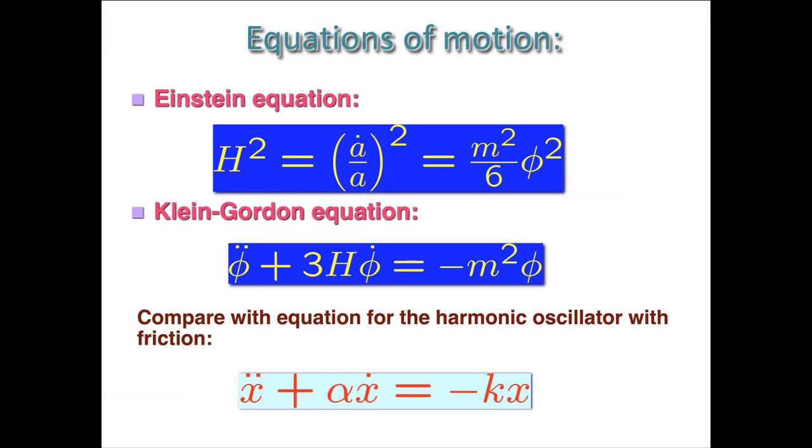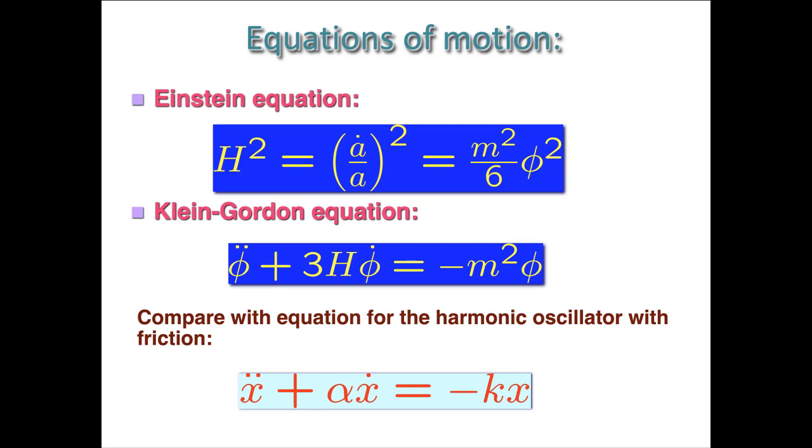If you add some viscous liquid in which this ball moves, for example, you take a pendulum and put it in the oil, then it will be slowing its motion. So apparently, the equation for the scalar field in an expanding universe has these two terms: acceleration of the scalar field, phi double dot, and then there is minus m squared phi, which is the potential energy pushing the field down to phi equal to 0. And then there is this friction term, and that's a very important term, 3H phi dot.